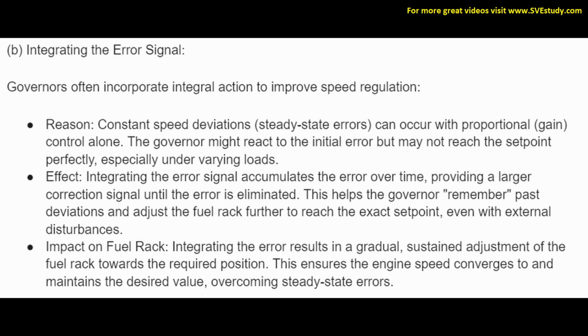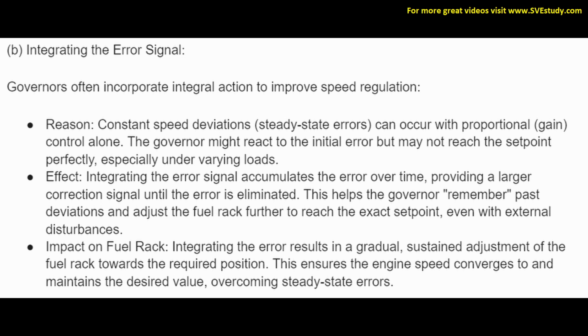The effect: integrating the error signal accumulates the error over time, providing a larger correctional signal until the error is eliminated. This helps the governor remember past deviations and adjust the fuel rack further to reach the exact set point even with external disturbances.